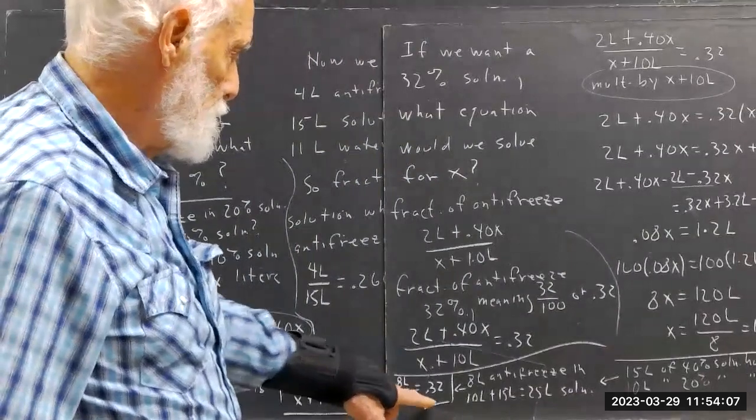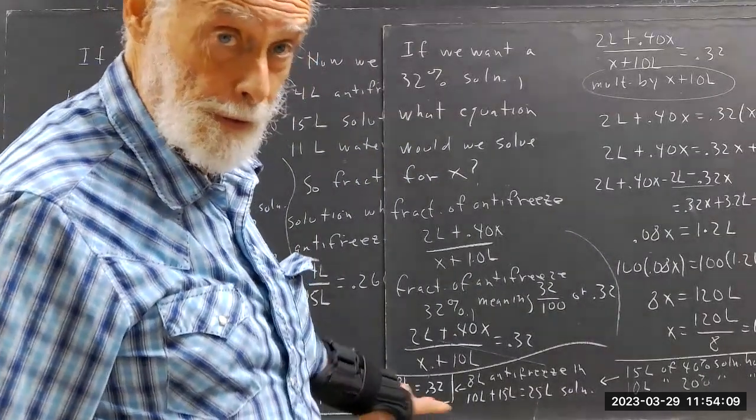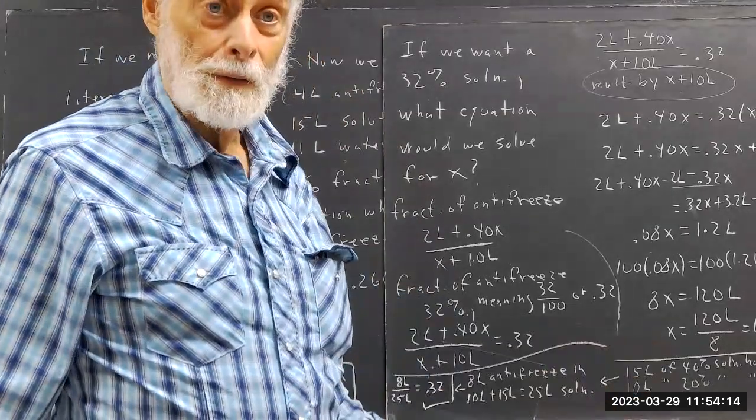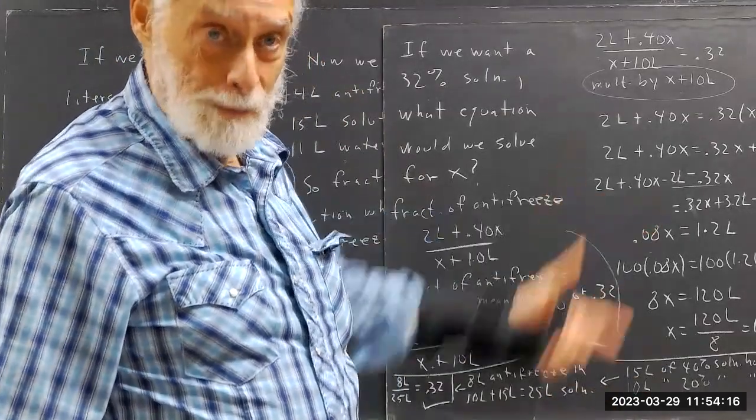Eight liters divided by 25 liters is 0.32, that checks out. So we always do want to check at the end. It's pretty easy to check in a mixture problem.